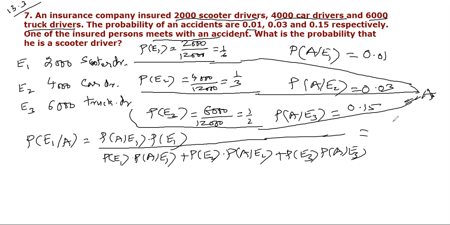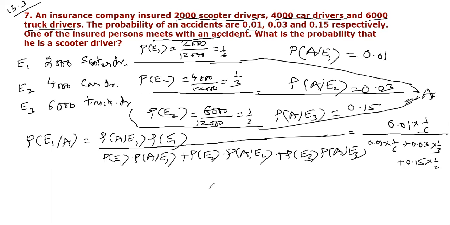Substituting the values: 0.01 into 1 by 6, divided by 0.01 into 1 by 6 plus 0.03 into 1 by 3 plus 0.15 into 1 by 2.